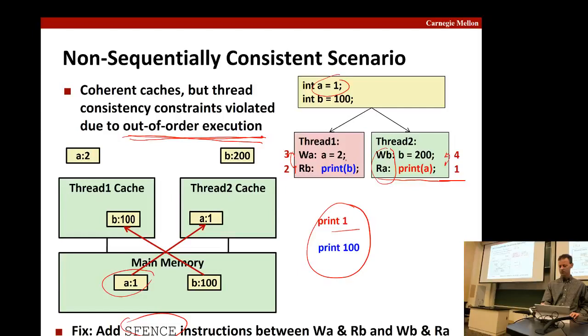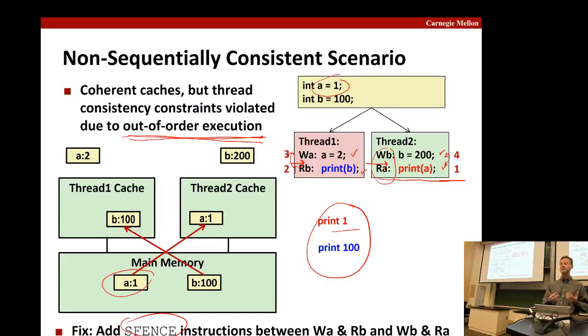So what you have to do is put in between these two, on both sides, a particular type of fence operation, S fence. That will tell the hardware, the out-of-order execution, that the order of these two things actually matters, and therefore I better do this one first before I do this one, and this one first before this one. Okay? So in a perfect world, the hardware would just provide sequential consistency.